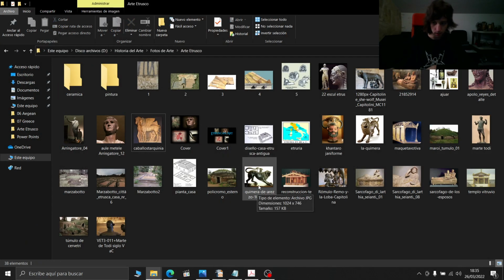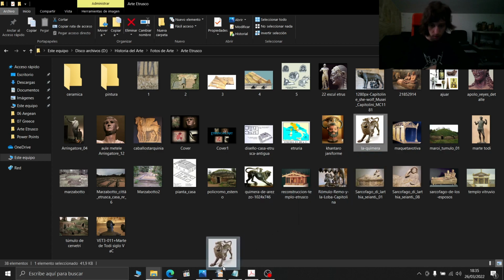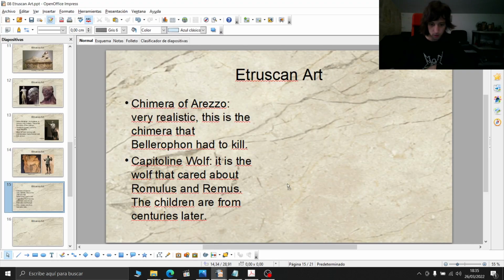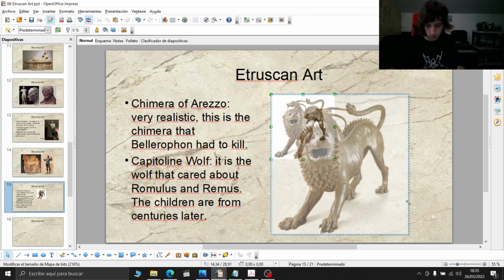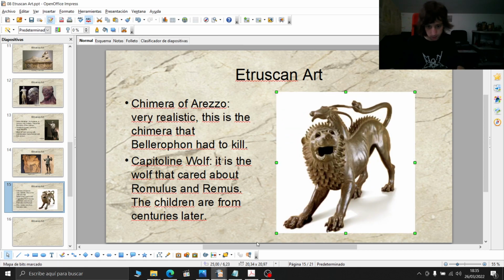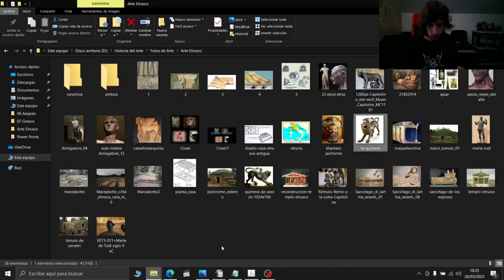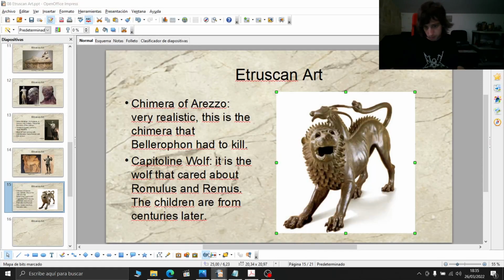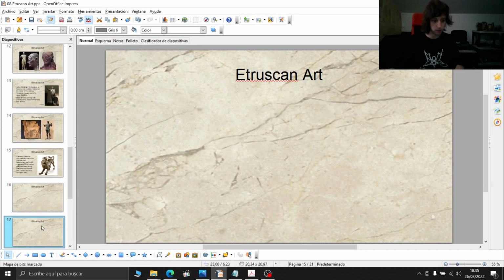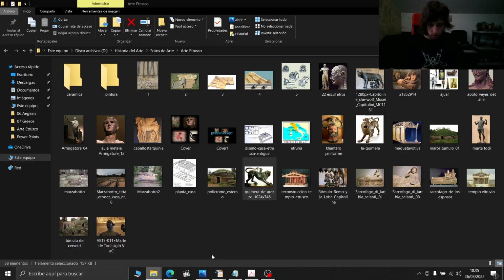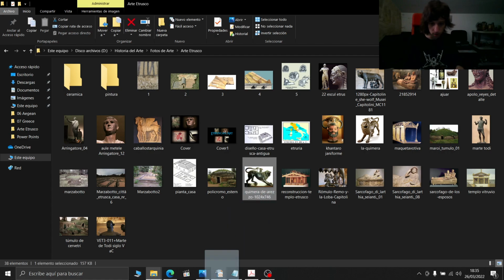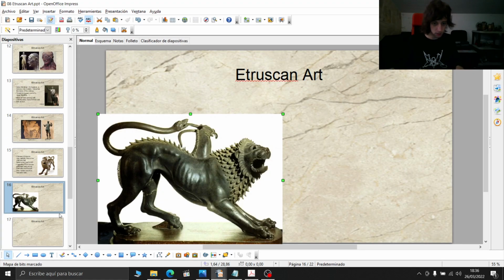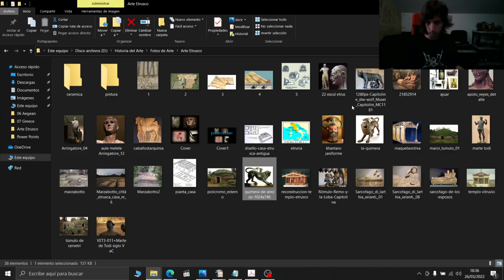This is the chimera, but let's see. This one is the one I want to use. This one is also very nice. I'm going to use both. Chimera of Arezzo and the Capitoline wolf.